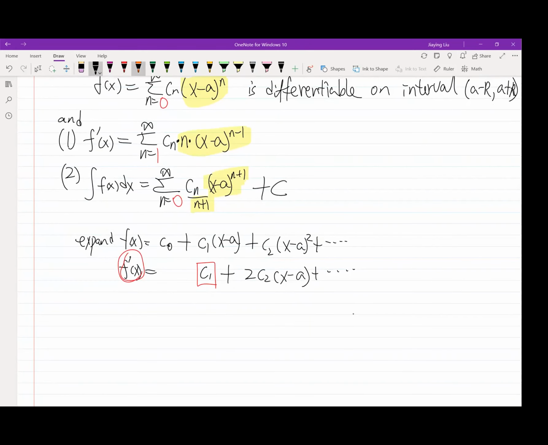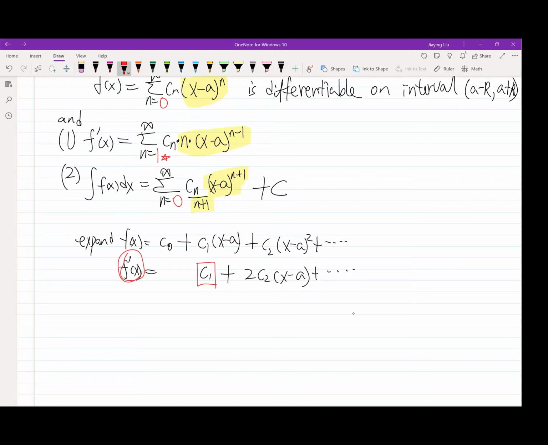So that's why here we get n from 1 to infinity, not n equals 0 to infinity. That's the difference, because the c sub 0 term is gone now. It becomes a 0 when we take the derivative. So we begin with c1, not c0.